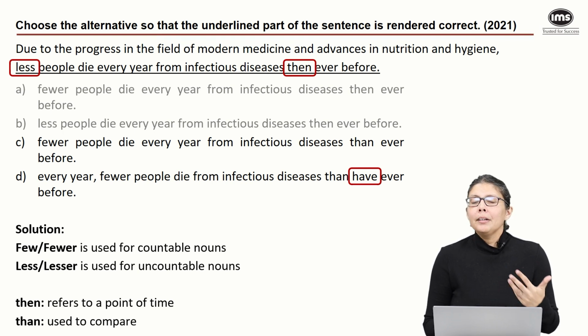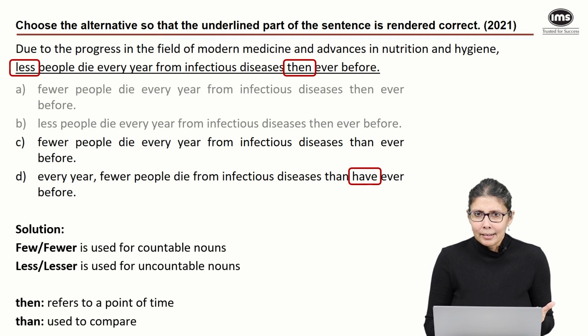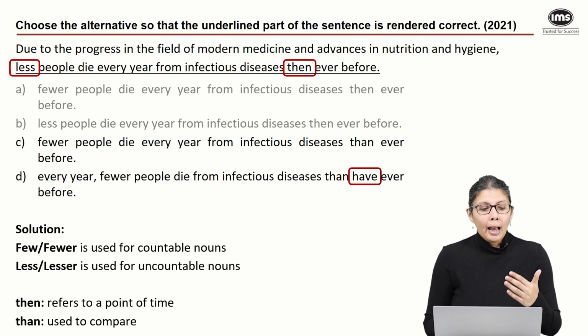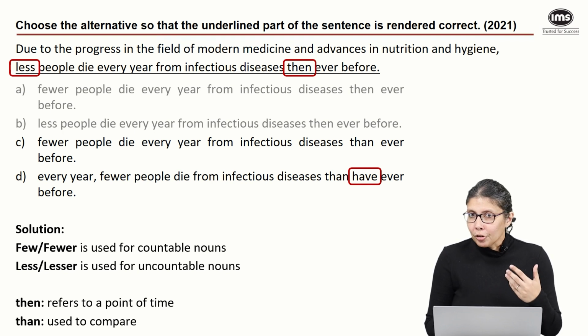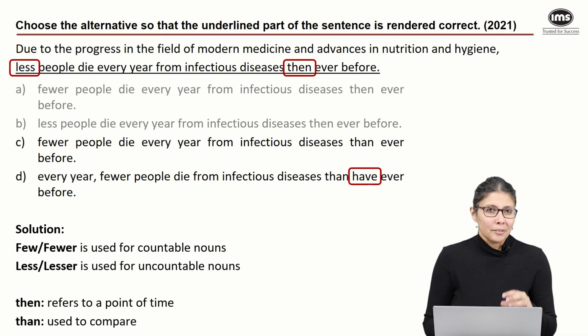It is a recurrent thing. And usually for such events, we should use the simple present tense. So when it says fewer people die every year, die is the simple present tense. There is no reason for us to say have ever before. When we say have ever before, it is equal to saying have died, which is not the simple present, it is the present perfect tense.